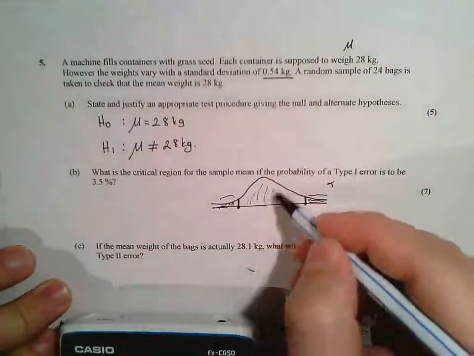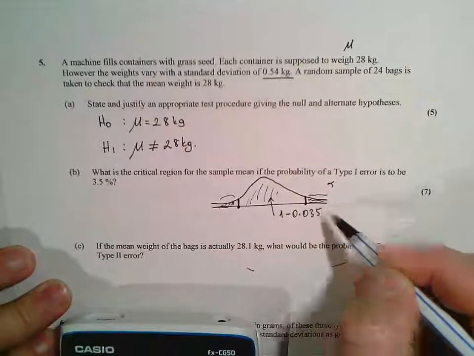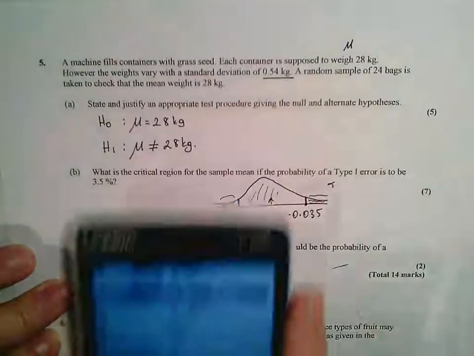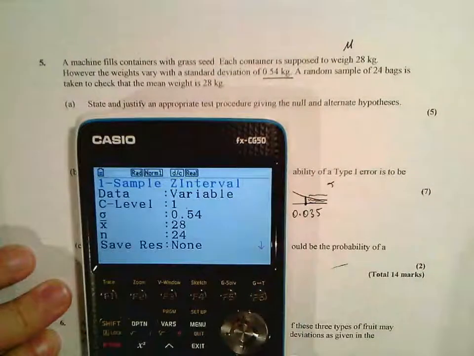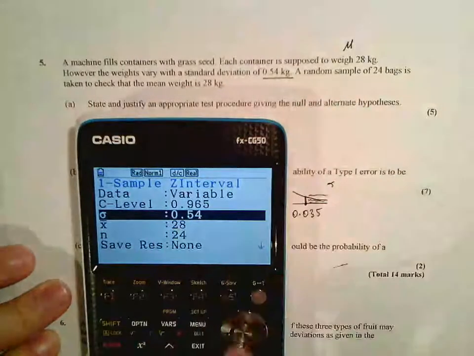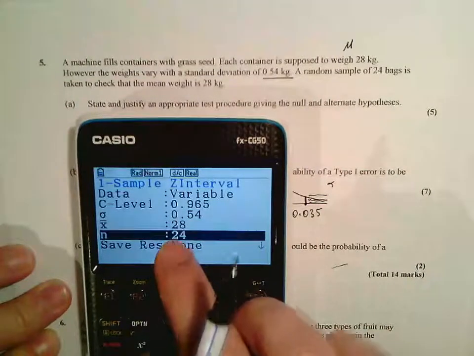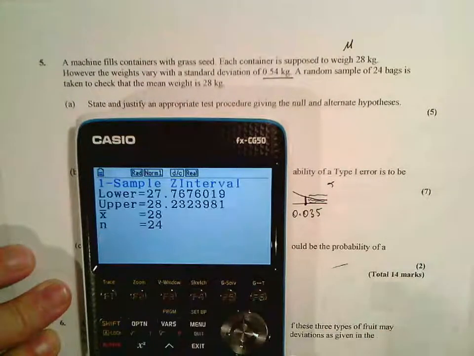This area here, this is 1 minus 0.035. Okay, let's write it down. 1 minus 0.035. Okay, standard deviation is this, and then 28 is the mean, and then how many bags we took? 24.